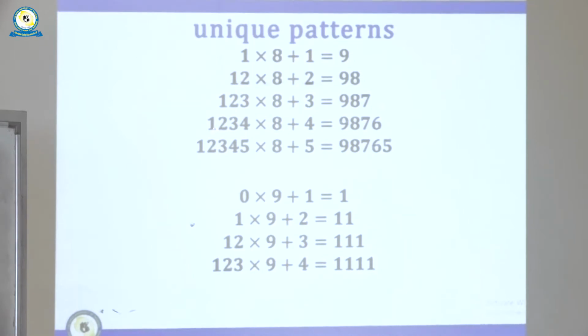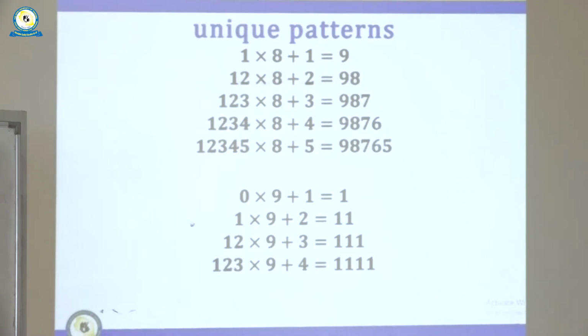You can find that the pattern is going as 12, 123, 1234, numbered in an order in such a way that the first one is 1, the second one is 1, 2, the third one is 1, 2, 3, the fourth one is 1, 2, 3, 4, the fifth one is 1, 2, 3, 4, 5. But in the middle, you can find that number 8 is constant, is common, while on the right hand side of the plus, there are numbers 1, 2, 3, 4, 5.